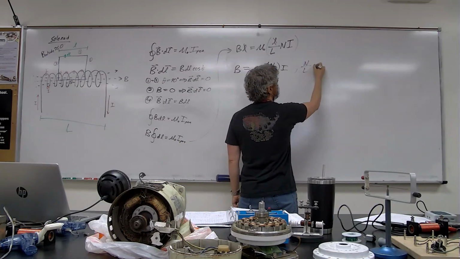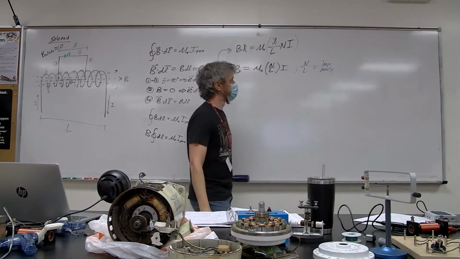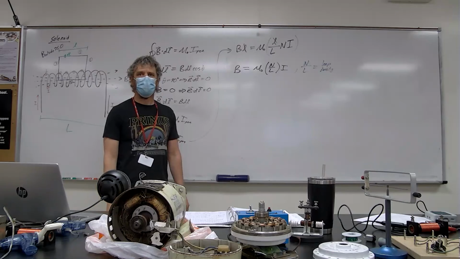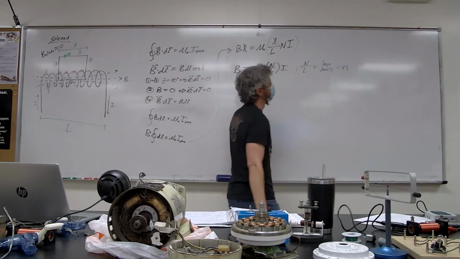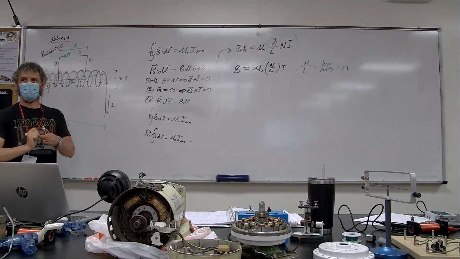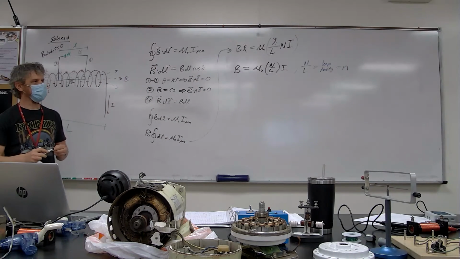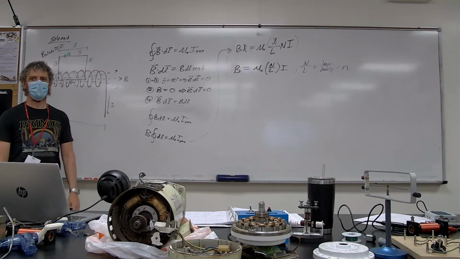N over L is the loop density. Is there something to represent that? Yeah, lowercase n. And that's what's on the formula sheet. Because the lowercase n is in density. Yes, it's the third letter in density, so that is why.